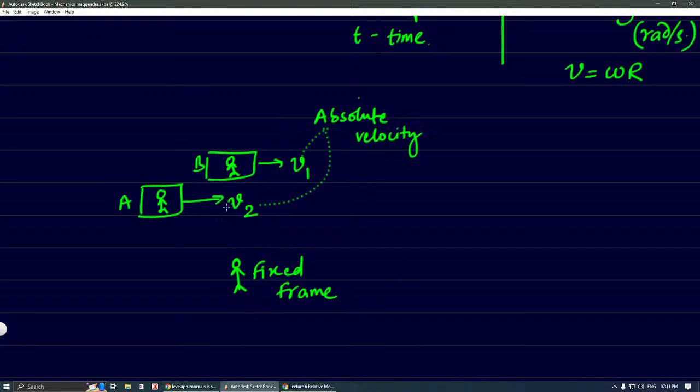But when we are talking with respect to A, A is sitting in this car, right? For A, all the parts of the car are stationary with respect to himself. For a person O here, the complete car is moving along with the person. But for A, all the parts of the car he is sitting in are at rest relative to him.